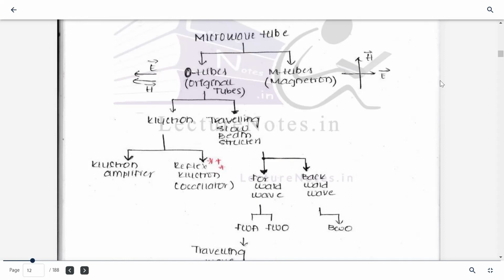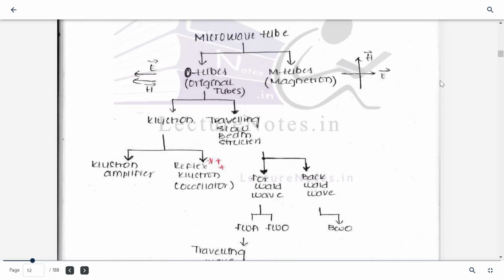Whereas in M-type, a curved path is followed by the electron beam. M-type microwave tubes are cross-field devices where the static field is perpendicular to the electric field. And the example of M-type microwave tube is magnetron.